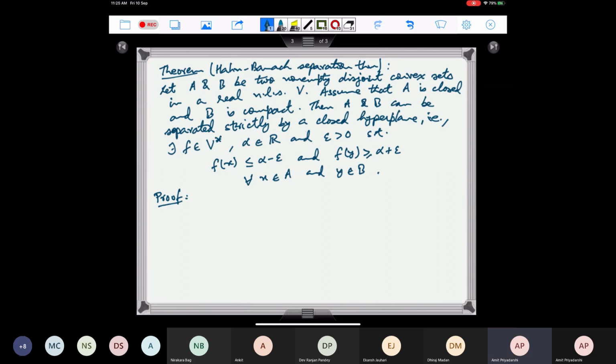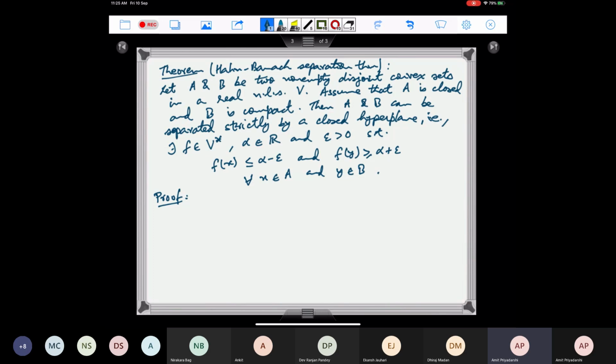So we would like to apply the previous theorem. The previous theorem says that if we have non-empty disjoint convex sets and one of them is open, then we can separate by a closed hyperplane.